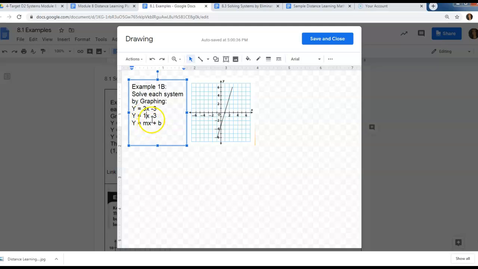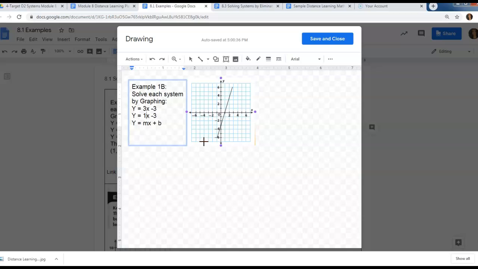So if I need to graph it, once again, my y-intercept is going to be negative 3. Right here, negative 3, and my slope is 1. So from here I go 1 up to the right 1, 1 up to the right 1, and so on. It's going to start on that negative 3 and keep rising 1 and running 1. Now remember, I can also, instead of rising, go down 1 to the left 1, down 1 to the left 1.